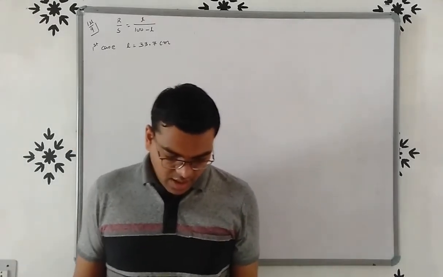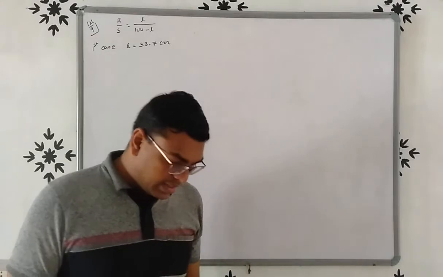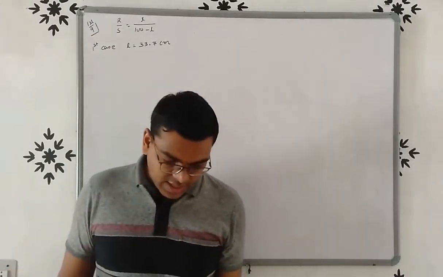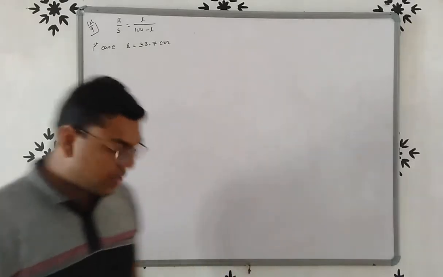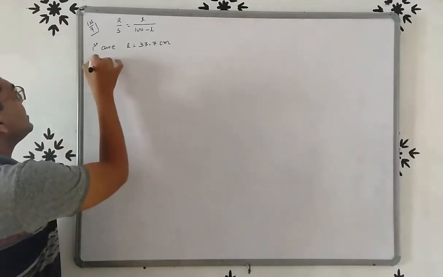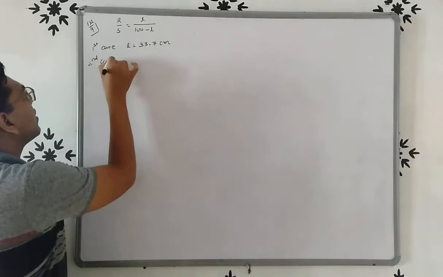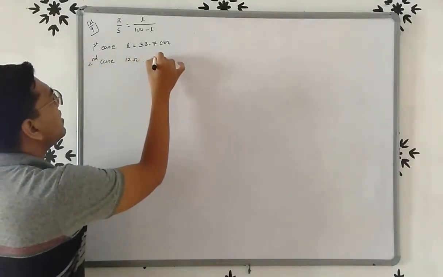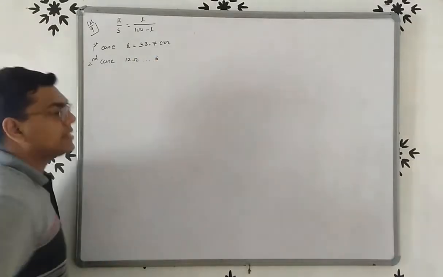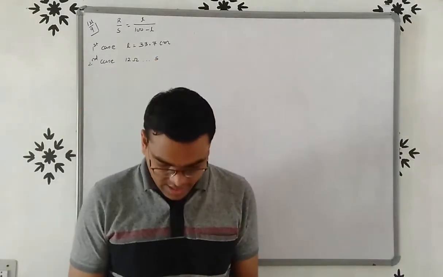Now in the second case, the resistance of 12 ohm is connected in parallel with S. So in the second case, 12 ohm resistance is connected with S in parallel.